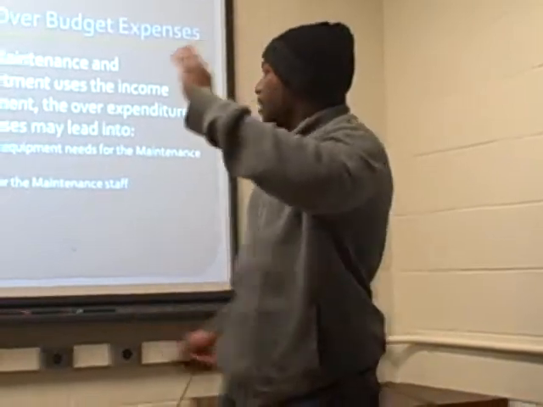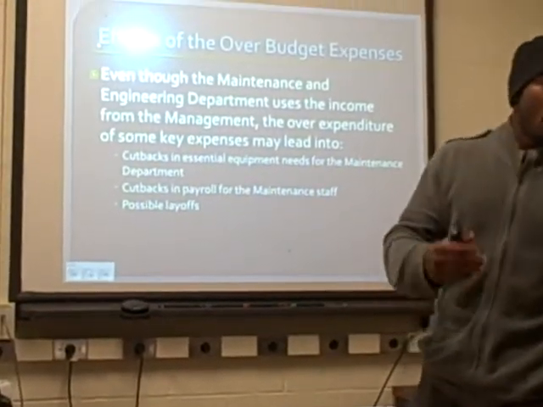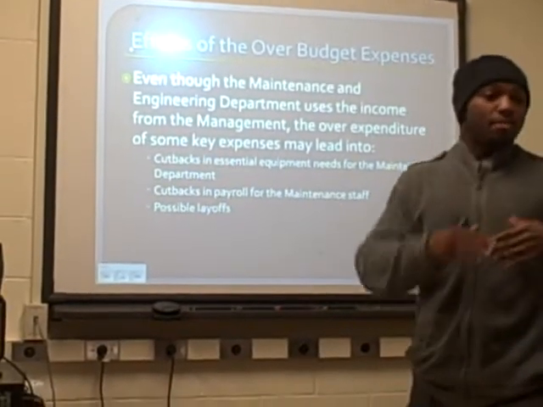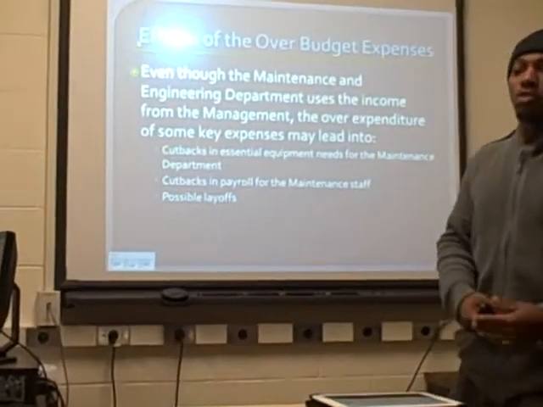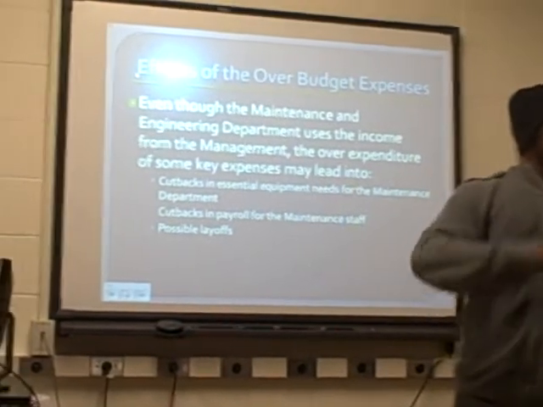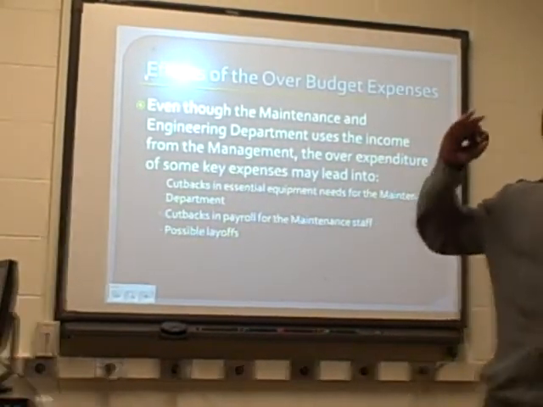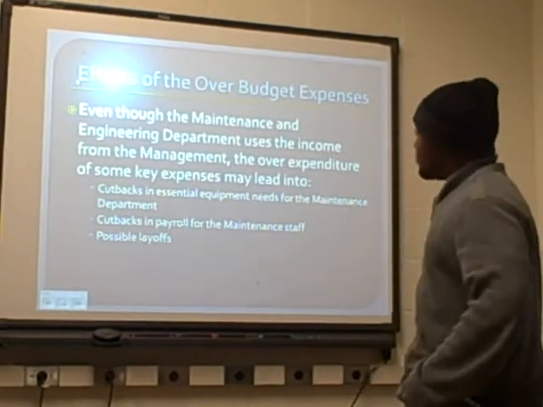So all of our functions in our department are essential to the operation of the hotel. Our department is behind the scenes. You guys are food and beverage, you are the face of the hotel. We're behind the scenes, making sure that the apparatus of the hotel is running, and the beautification of it. So we're in charge of a large part of the hotel, but behind the scenes.